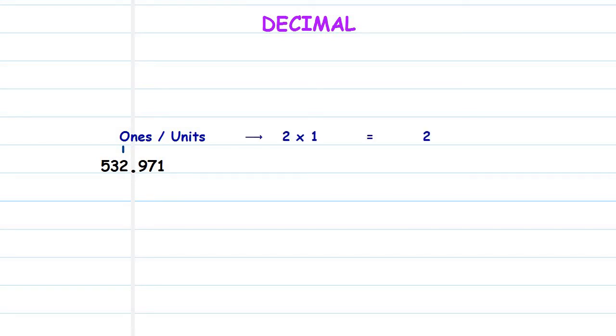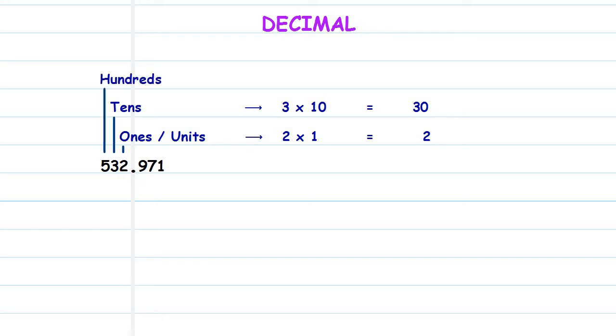And the value of 2 in this position is 2 times 1, which is equal to 2. The next position is called tens or tens digit, and the value of 3 in this position is 3 times 10, which is equal to 30.